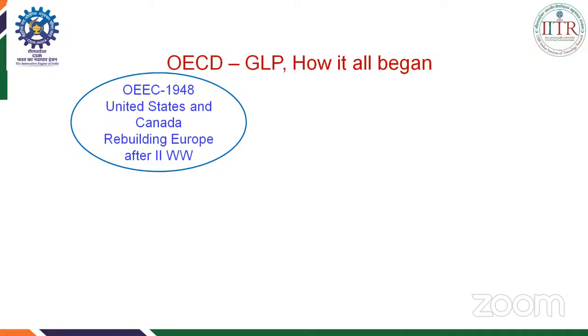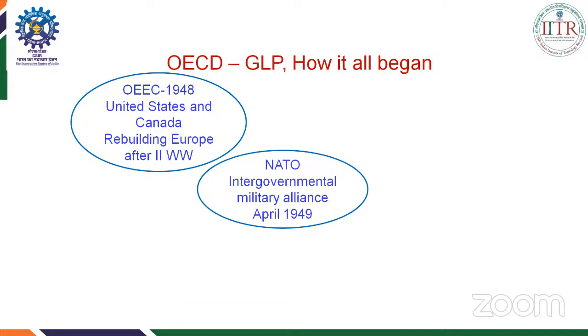Just one or two slides on how and when OECD GLP came into being. Initially, soon after the Second World War, the European countries and other Western nations, the United States, etc., came together, but that was mostly for the economic rebuilding of businesses after the effects of the World War. That was basically an economic cooperation.